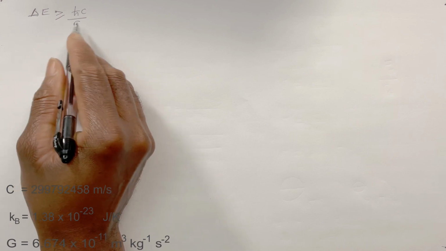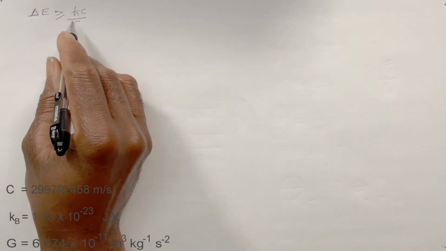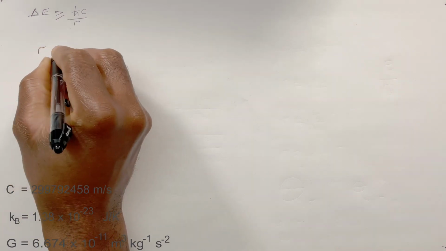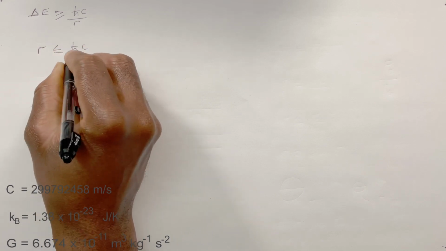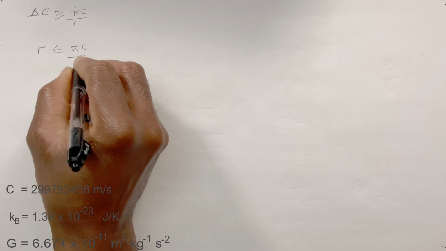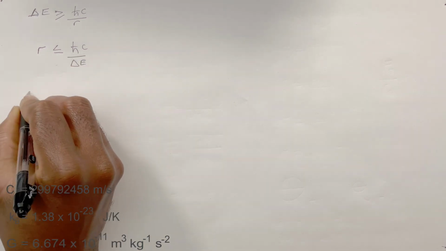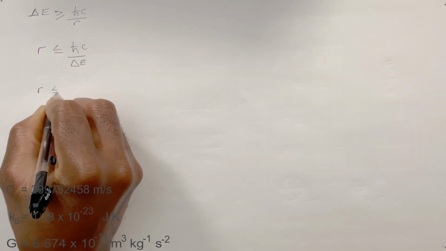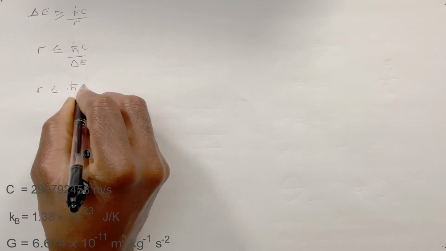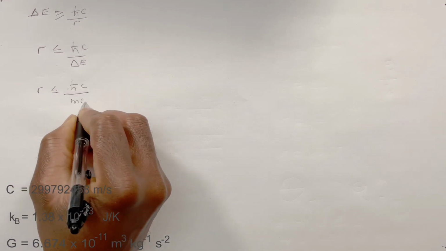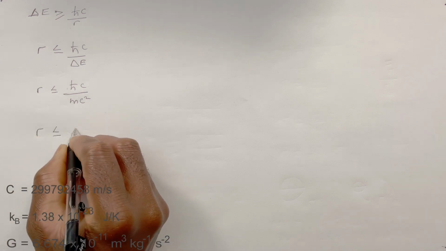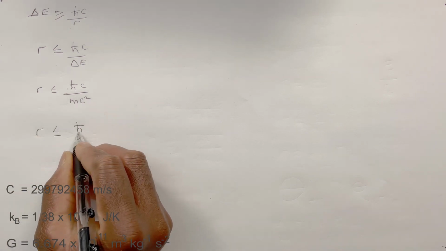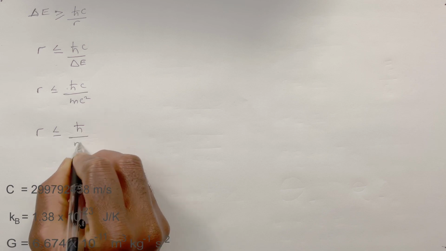Applying the uncertainty principle here, this is quantum physics, where we said r will be less than or equal to ħc over ΔE, and we said that r is less than or equal to ħc over mc squared, and that r is less than or equal to ħ, the reduced Planck constant, over mc.